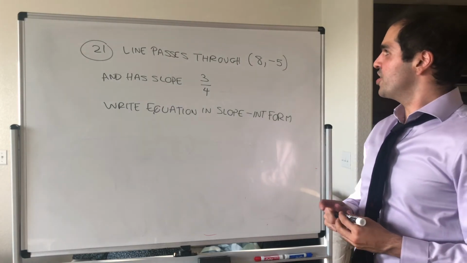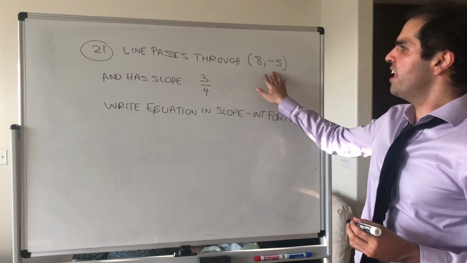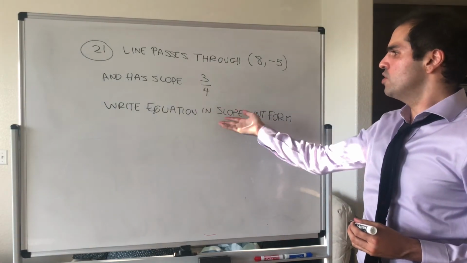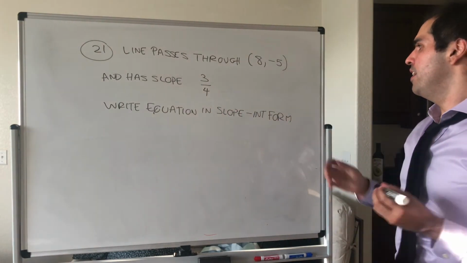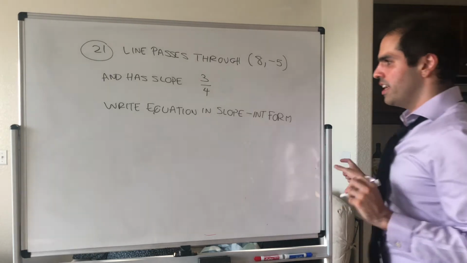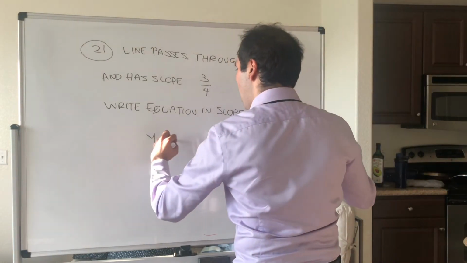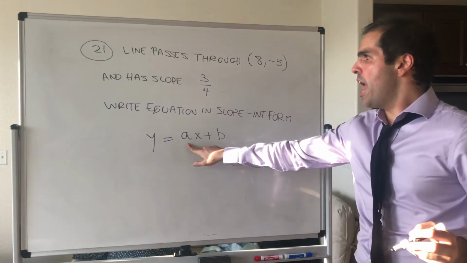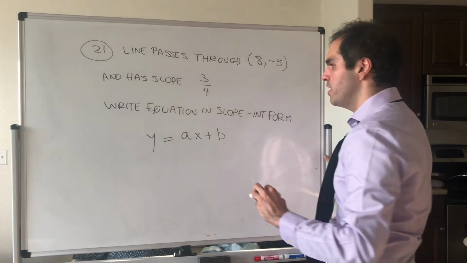All right, next question. A line passes through the point 8 comma minus 5 and has slope 3/4. The question is, what is the equation of the line in slope-intercept form? So again, slope-intercept form means y equals ax plus b. But remember, a is the slope, so we already give you that.